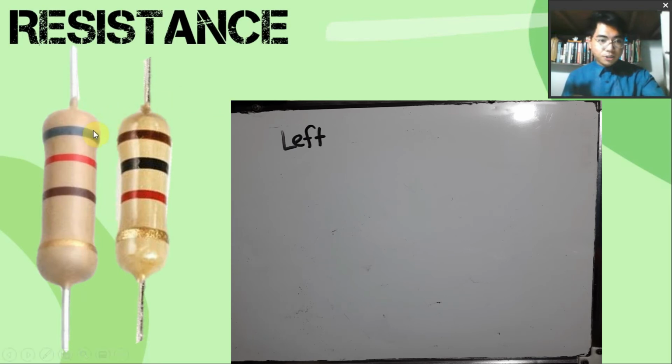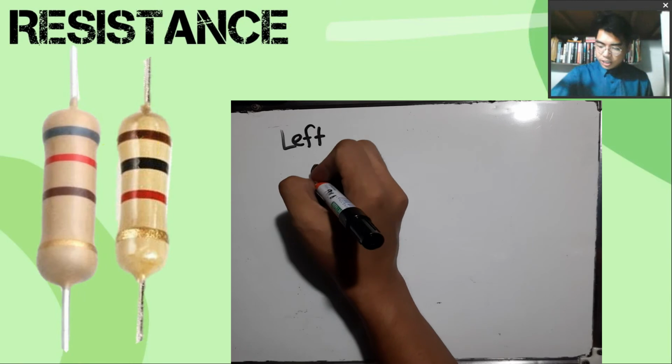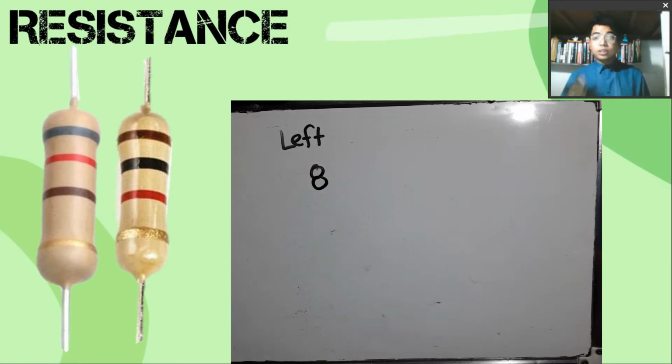The very first color that we can observe here is gray. Gray is equivalent to the first digit, which is number 8. We're getting the resistance of this resistor. Then, the second band is red.